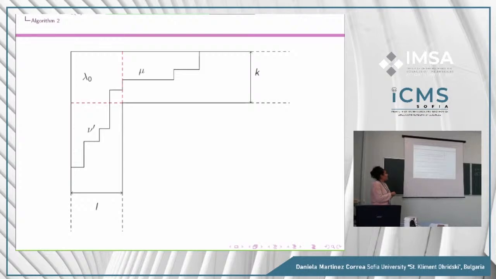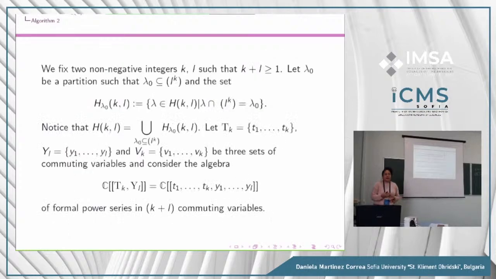After that, we consider k and L non-negative integers, and we define this set. But note that this set is the union of these sets. We consider three sets of commutative variables, and we consider the algebra of formal power series in these variables.